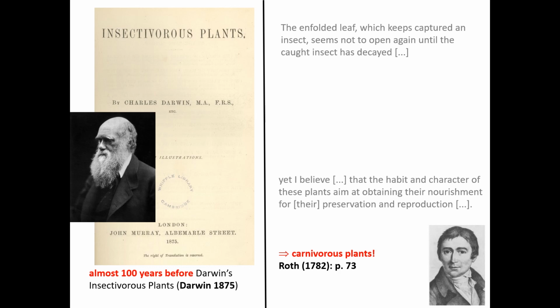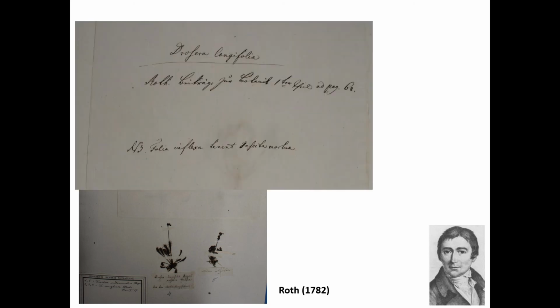And interestingly, the first mention we have of Roth's theory comes from a herbarium specimen, which is found in the Munich Herbarium. Here, this little envelope, this little sheet where the specimens are hidden inside, has this little note: nota bene, folia inflexa tenent insecta mortua.